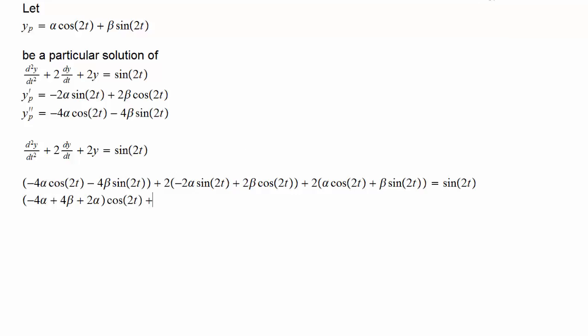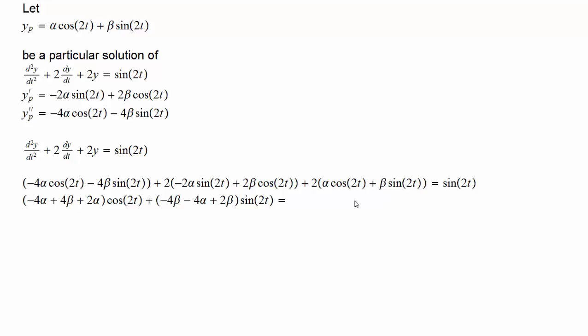Then for sine 2t, I have -4 beta, then -4 alpha, and then plus 2 beta. This is the coefficient of sine 2t, and that equals sine 2t on this side.